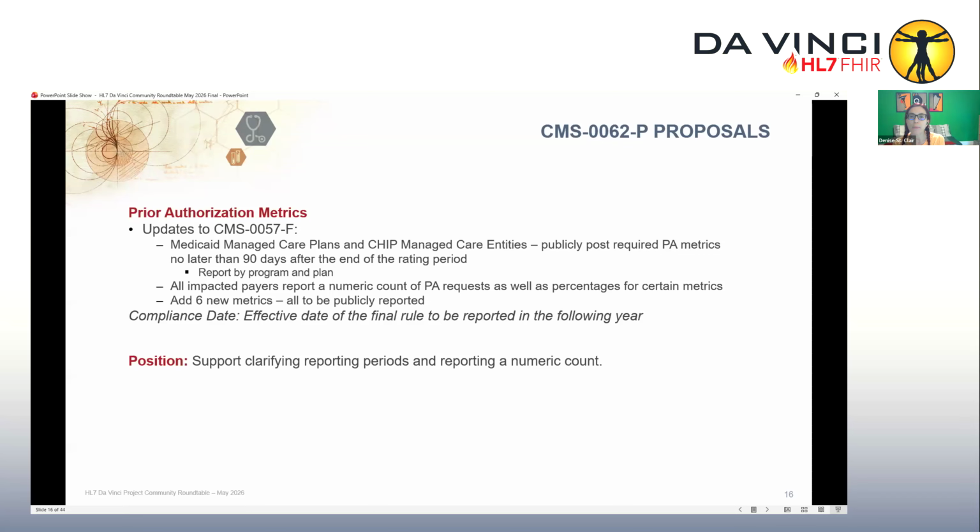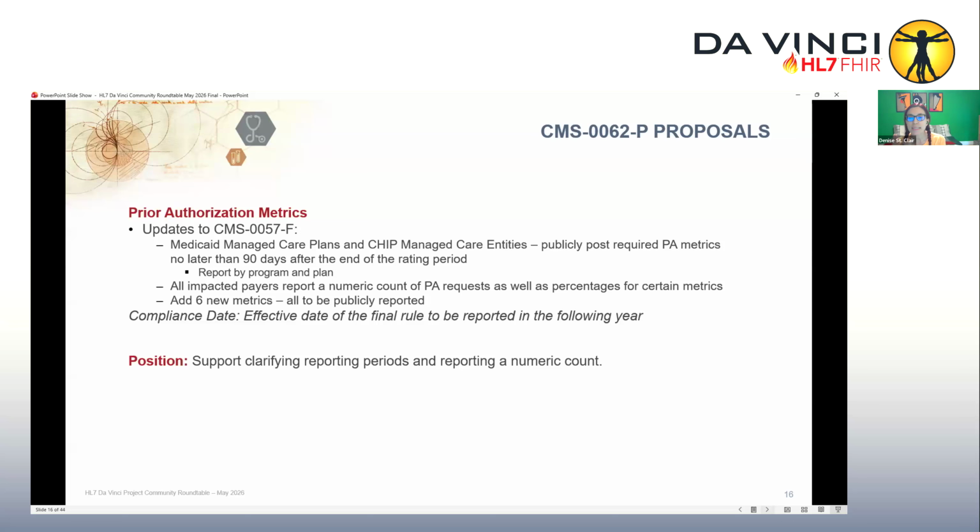And for all impacted payers, another update to the 0057 metrics is that in addition to reporting the percent of the currently finalized metrics, report the count. Because obviously 5% of 10 is very different than 5% of 10,000. So having that context could be helpful. And folks need that to calculate the percent, so they figured it should be pretty easy to share.